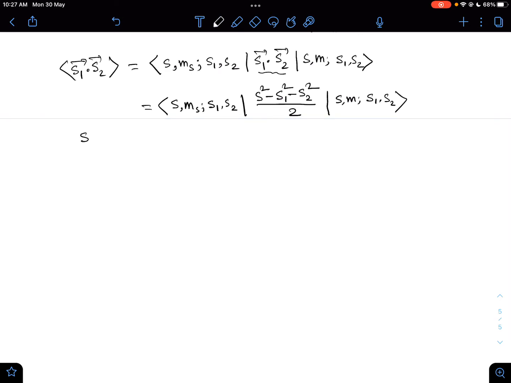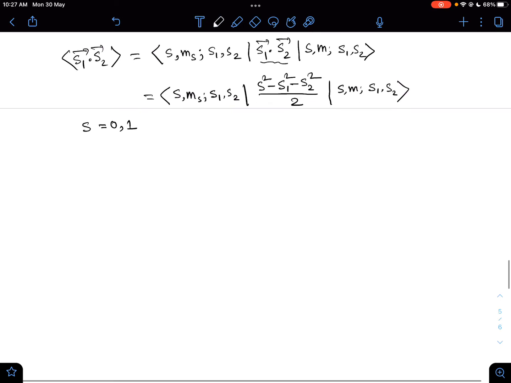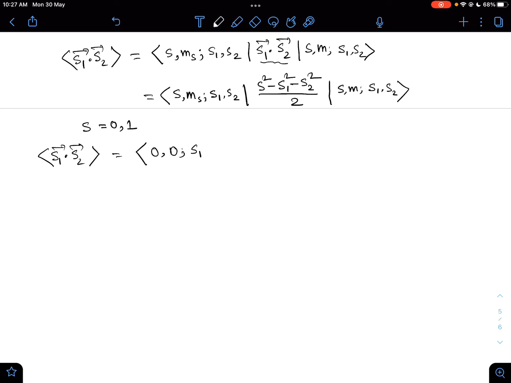Now we have S values 0 and 1. First let us evaluate this for the state with S equal to 0. So we have S = 0, Ms will also be 0, and S1 value is half, so we write half, half.